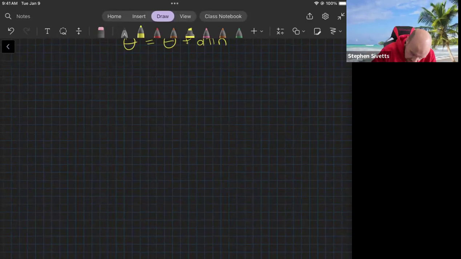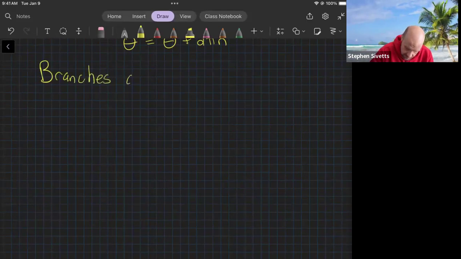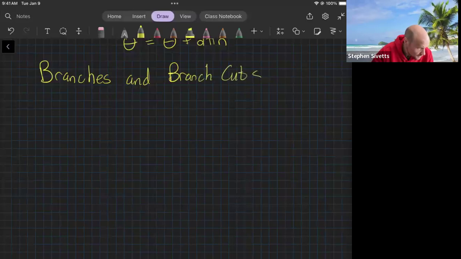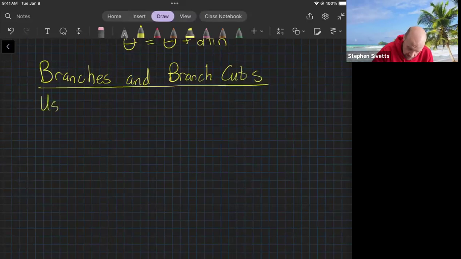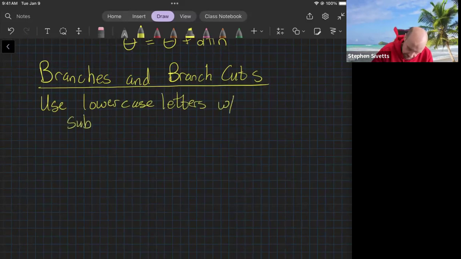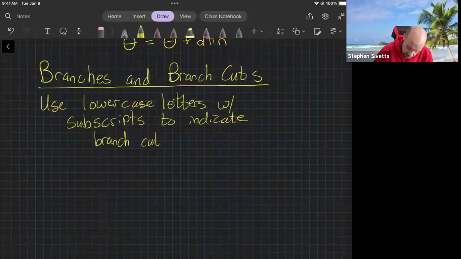And so this will involve looking at what's called branches, and taking branch cuts in the complex plane. So we will use lowercase letters with subscripts to indicate a branch cut, or the branches, I should say.